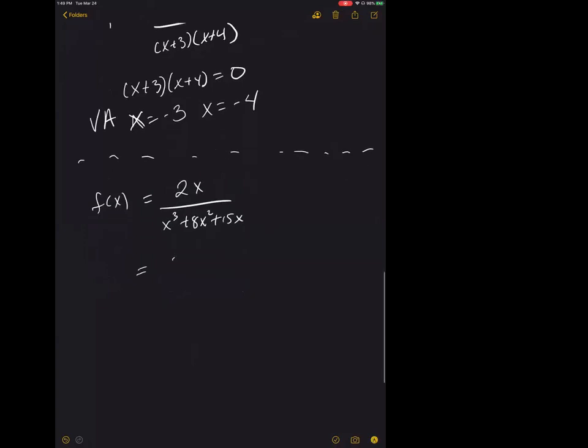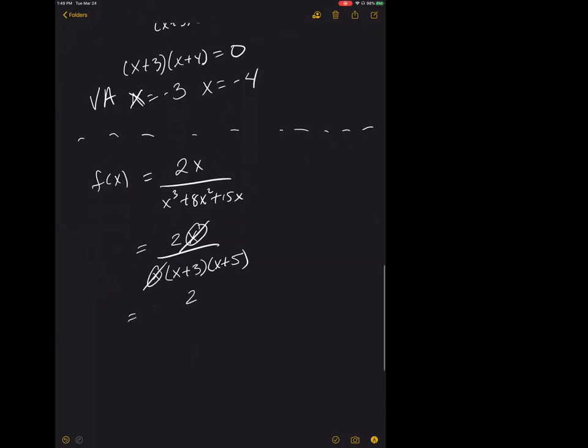So this is 2x over x times (x plus 3)(x plus 5). And if you look carefully, you'll see that there is indeed a common factor. These x's will cancel out. So now my reduced function is just 2 over (x plus 3) times (x plus 5).